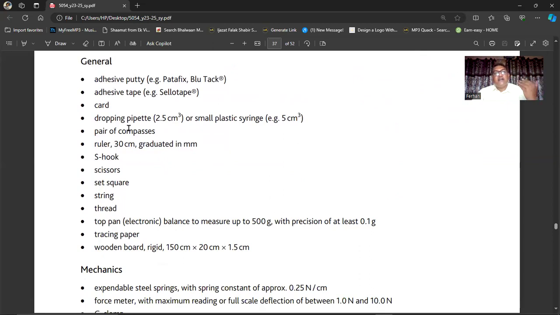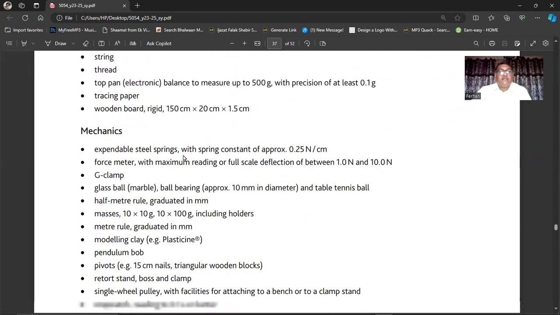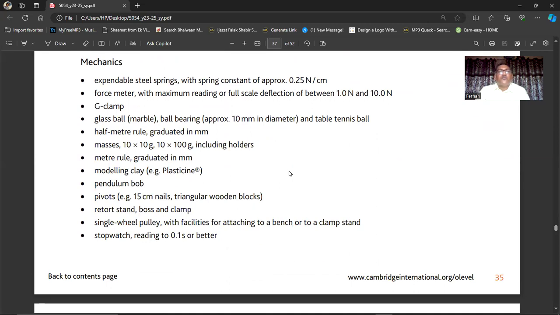You can see the journal, adhesive putty, adhesive tape, card, dropping pipette, pair of compasses, ruler, S hook, scissors, set squares, string, thread, top pen, electronic balance, tracing paper, wooden boards, and in mechanics we need expendable steel springs, force meter, G clamp, glass ball, marbles, ball bearings, and table tennis ball, half meter rule graduated in millimeters, masses of 10 gram or 100 gram including holders, and meter rule graduated in millimeters, modeling clay, plasticine we call it, pendulum bob, pivots, nails, triangular wooden blocks, retort stand, boss and clamp, single wheel pulley, and stopwatch.